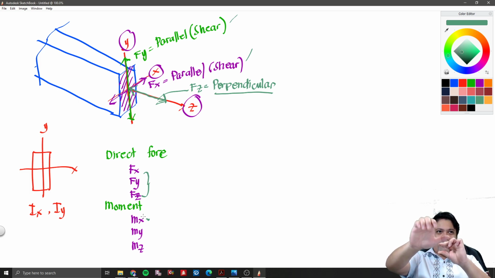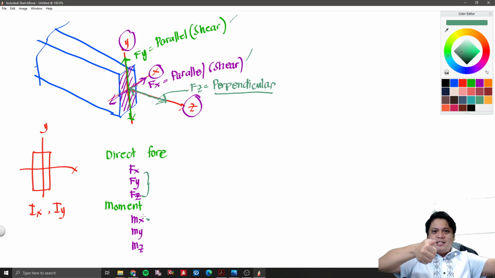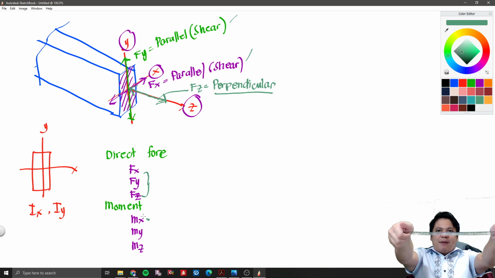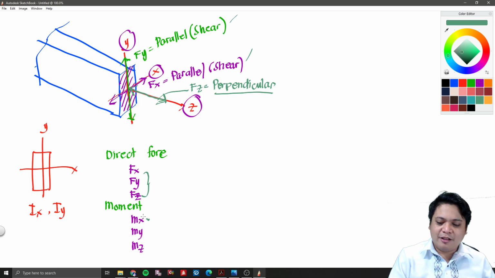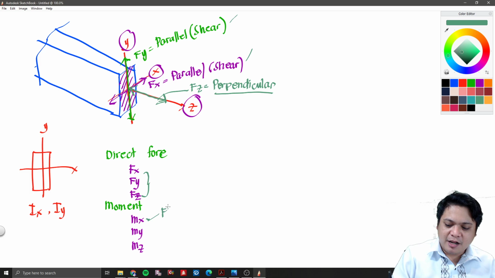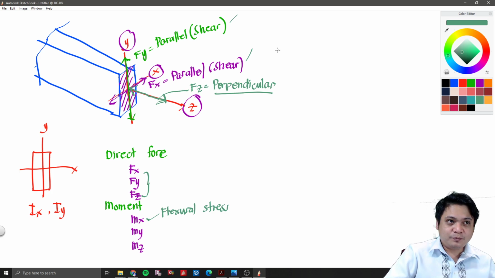So, you've done that in your physics, right? So, you bend it like that. It means, if this is my x-axis, when your member bends in this direction, okay, it produces stress. Okay? So, what we call that is flexural stress. We will also discuss this type. So again, we have perpendicular, which is called the axial stress.